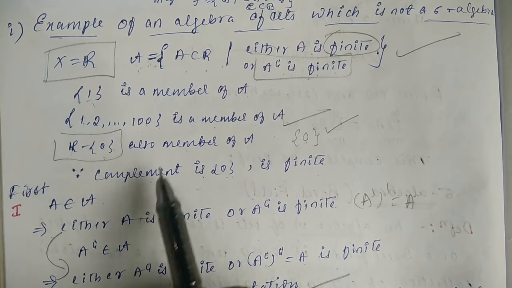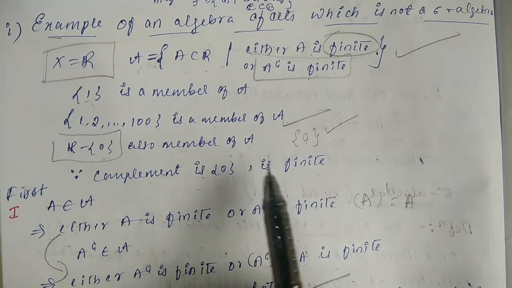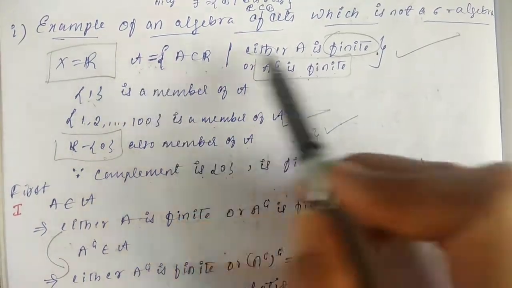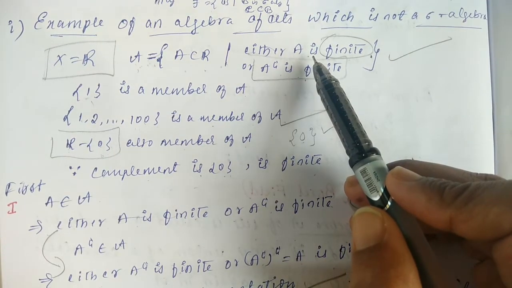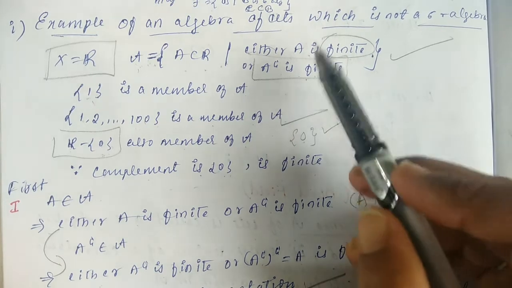The reason is that its complement is singleton 0, which is finite. Therefore it is a member of A. Is it clear? To be in A, either the set is itself finite or its complement must be finite. Is it okay? So this is the collection.